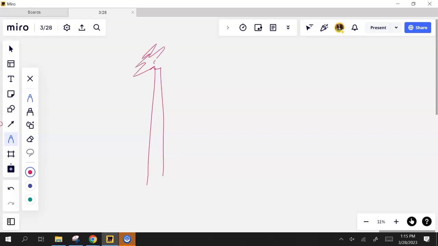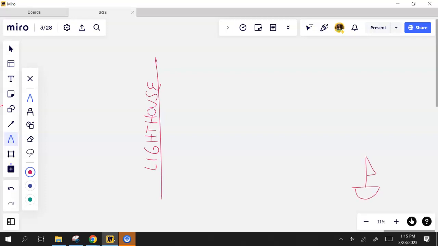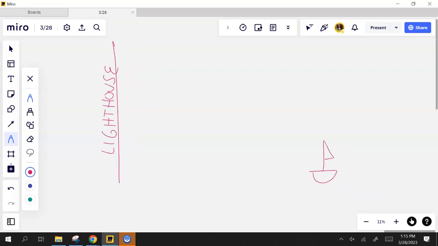This is my lighthouse. There's a boat. I just put a line and called it. It works though.